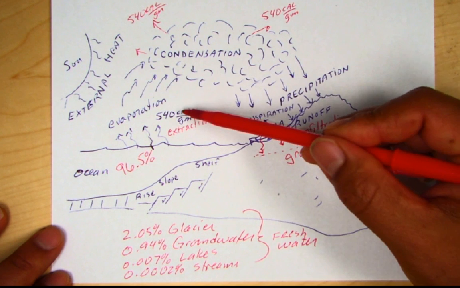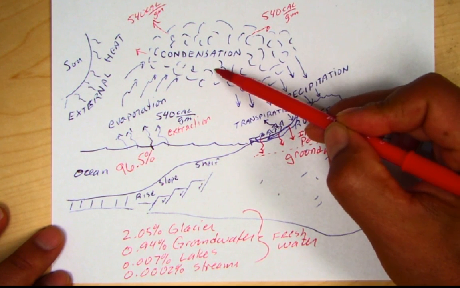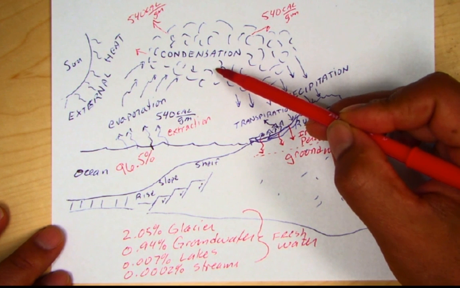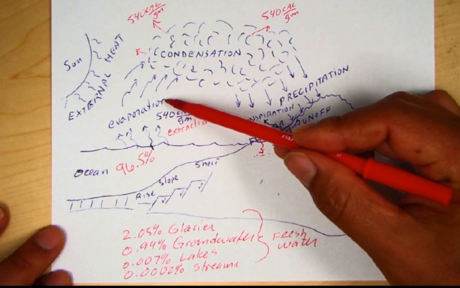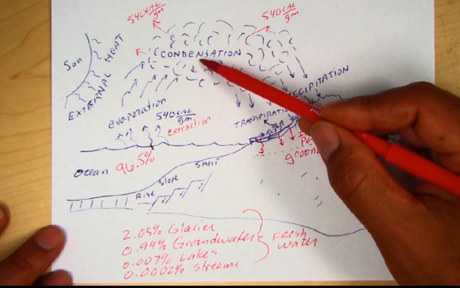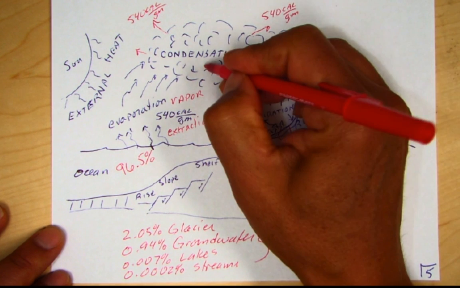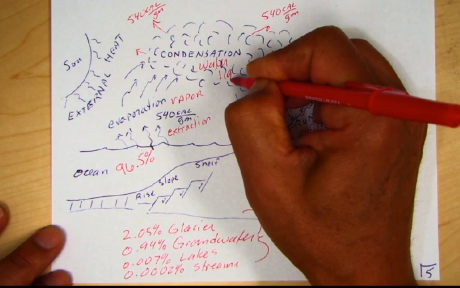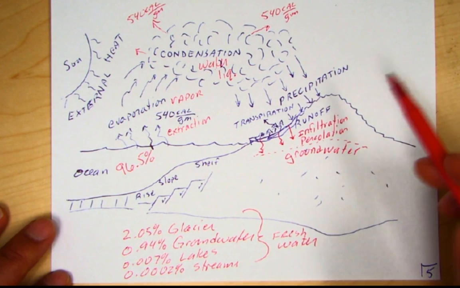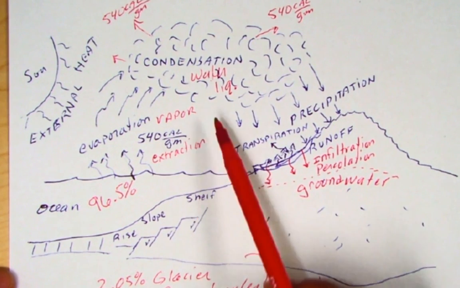But then condensation. The key thing about condensation, we're making clouds, and so basically it's water droplets. We take the vaporized material and bring it back into the liquid water state, right? So those 540 calories that were available here now get released.